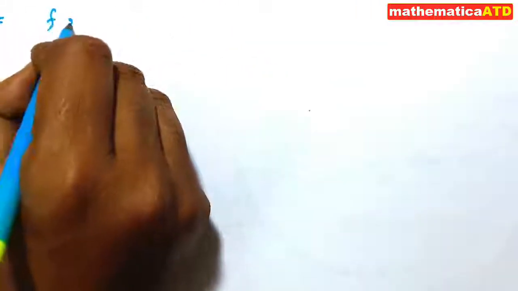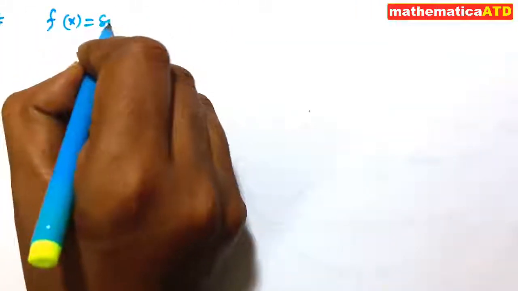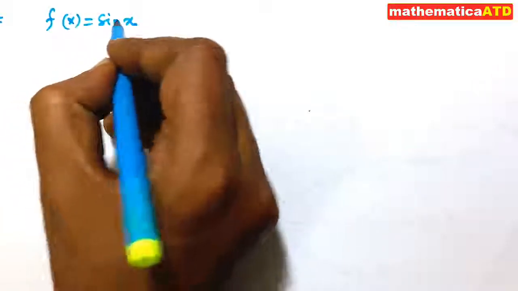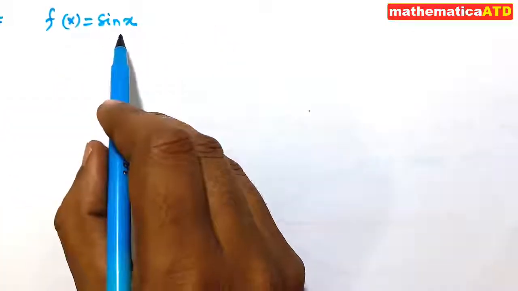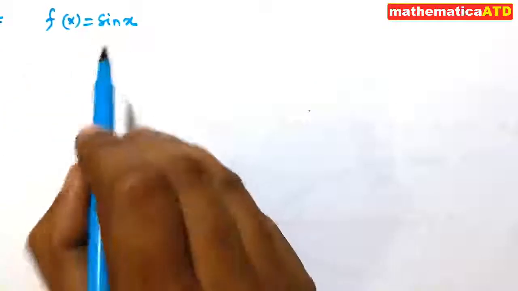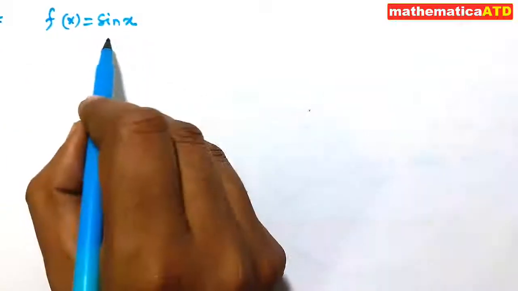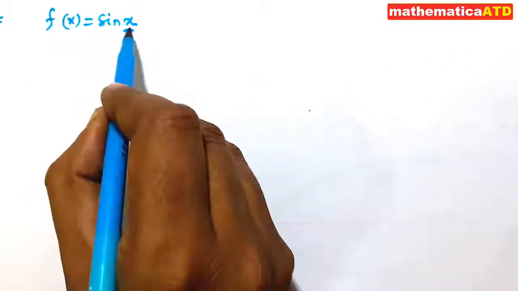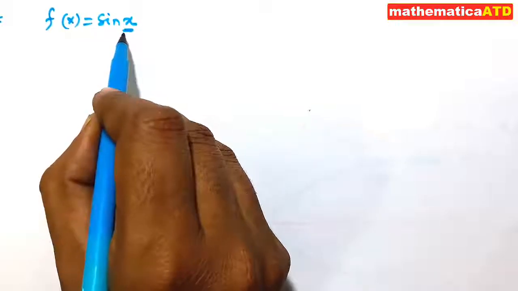As for example, say f(x) is equal to sin x. So this sin x is the sine function. Here x is the radian measure of the angle.